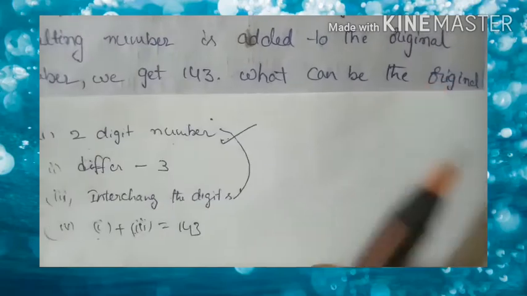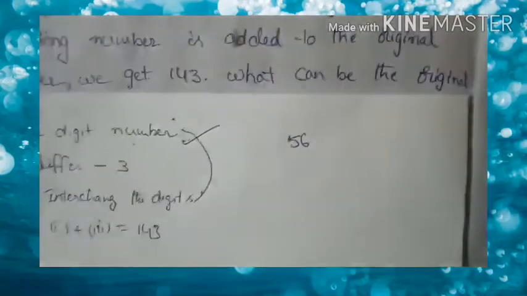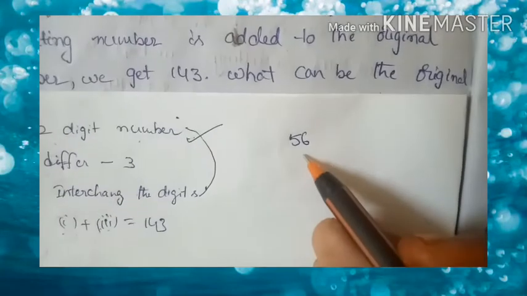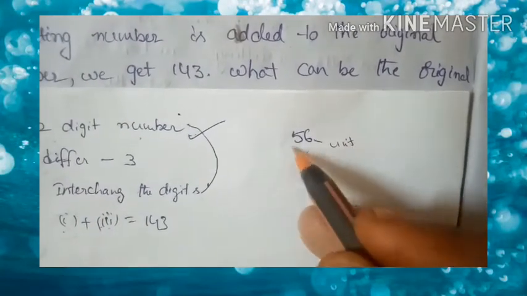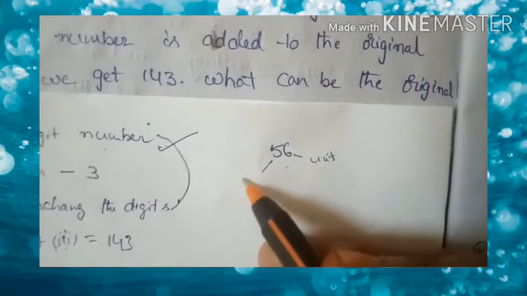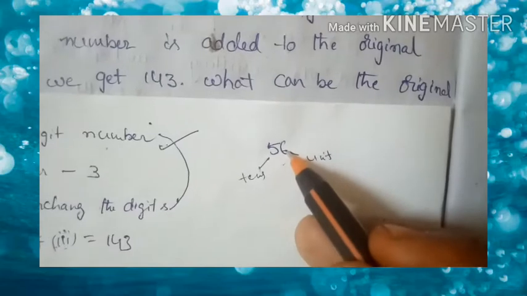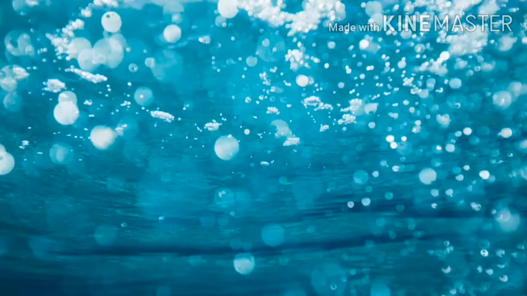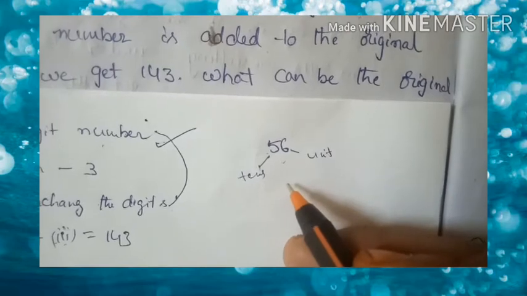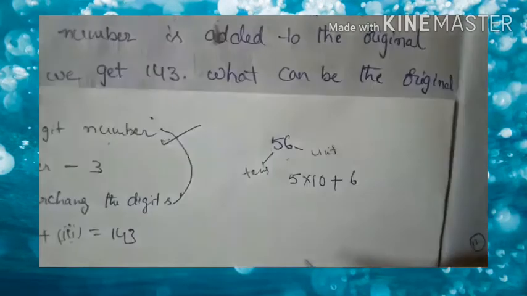So suppose, for example, I will explain. Suppose 56. Just take a 2-digit number. So 6 is the unit place and 5 is the tens place. How can you write the expanded form? Yes, so 5 into 10 plus 6.